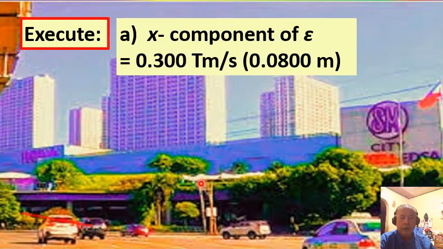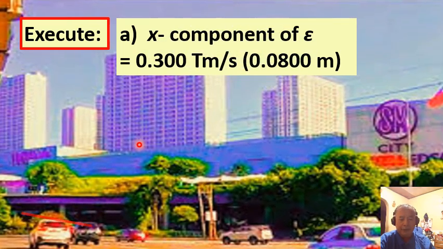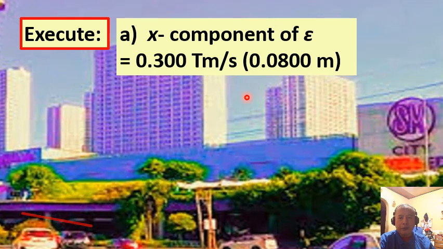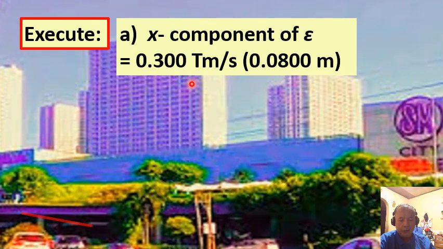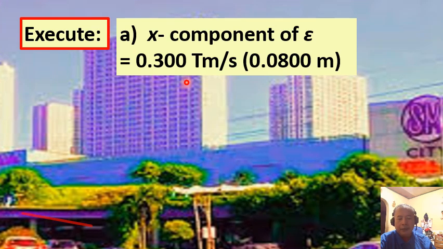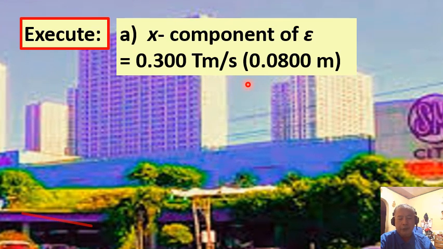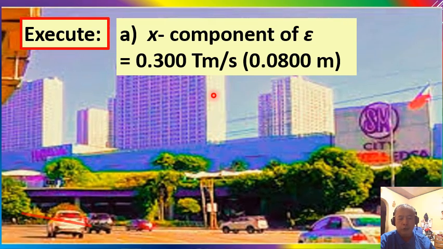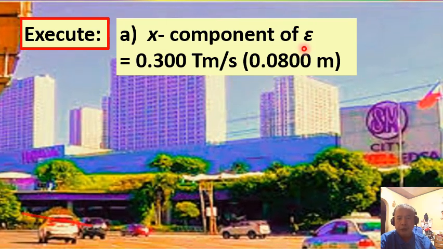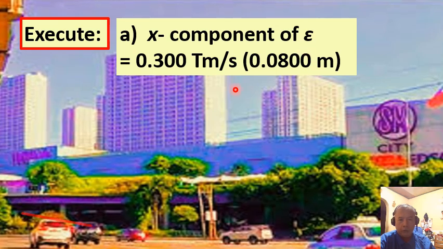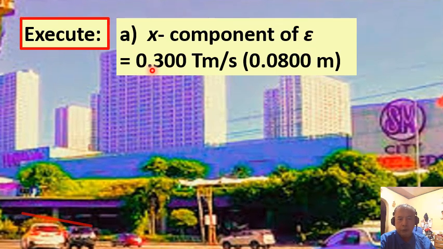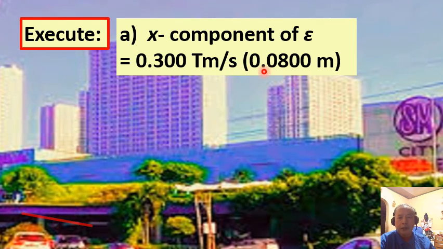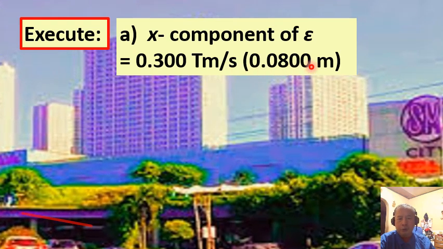Finally, we now have the answer to question letter A. The dot product of the x component of the electric field and the length capital L of the rod gives us the magnitude of the x component of the induced EMF epsilon, which is equal to 0.300 Tesla meter per second multiplied by 0.0800 meters.